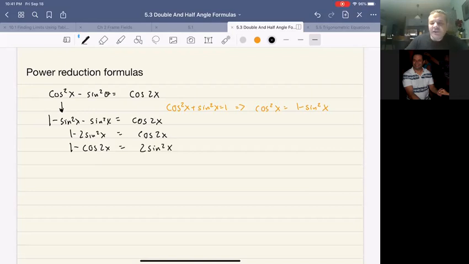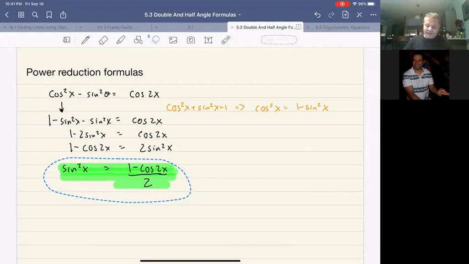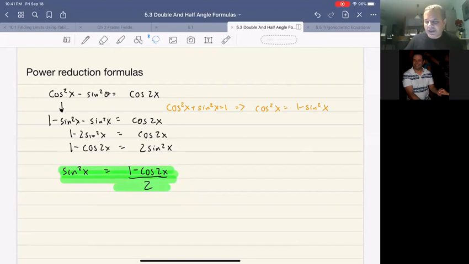Dividing by 2, not taking the square root yet, sine squared of x is 1 minus cosine 2x divided by 2. We don't have many questions about this in this class. However, when you get to calculus, particularly calculus 2, this will be one of the most important trigonometric identities you use. So it's good to have that.